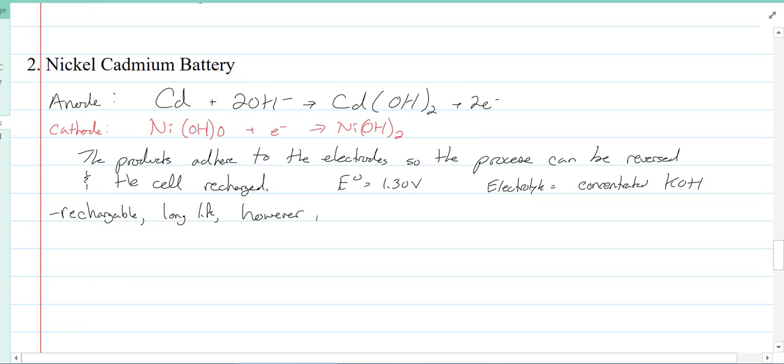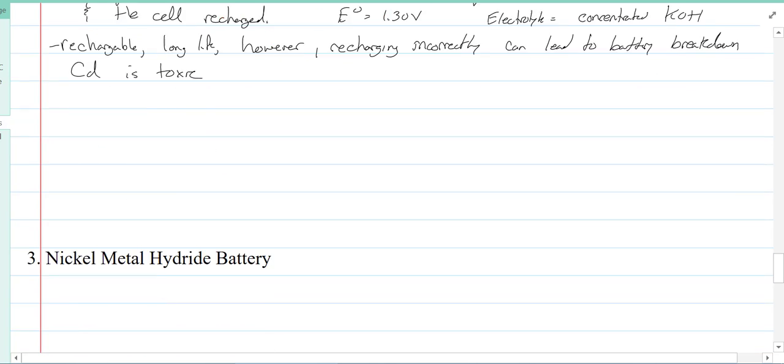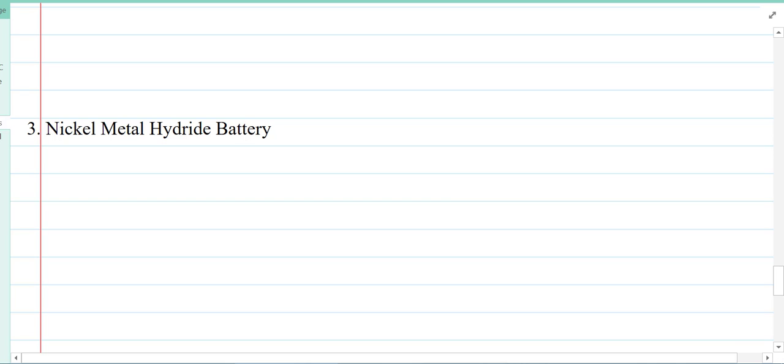However, recharging incorrectly can lead to battery breakdown, and cadmium is toxic. Problems with the nickel cadmium cell. So then there came the nickel metal hydride battery.